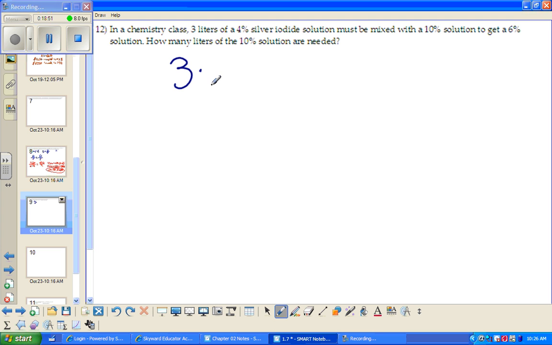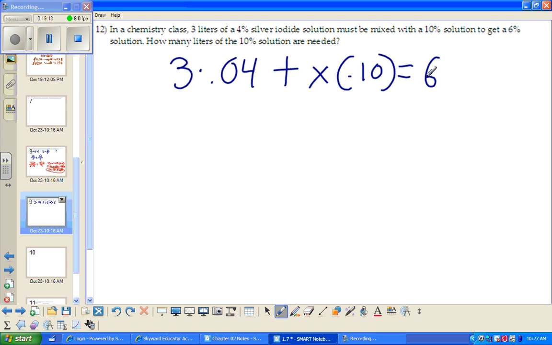So we're going to take 3 times 0.04, and we're going to add to that x liters times the 10% solution, and that's got to equal a 6% solution.